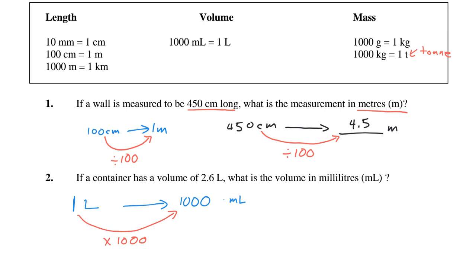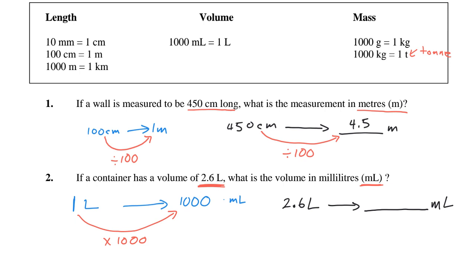That's all we got to do. So now, when we look at our problem, we're saying we want to change 2.6 liters into milliliters. So let's do that. 2.6 liters is going to be translated into this many milliliters.